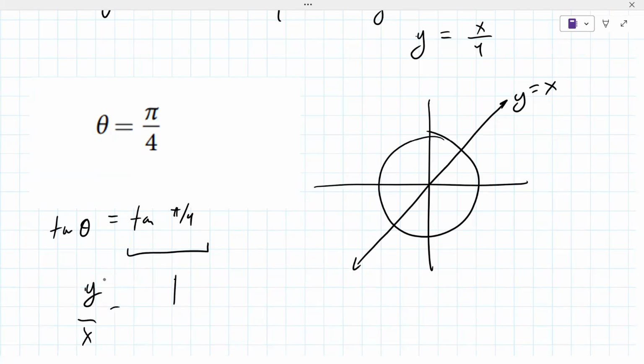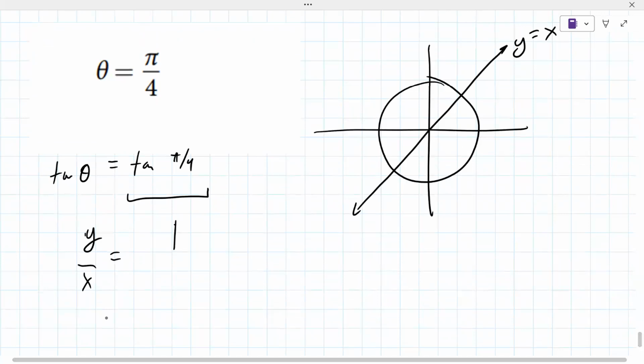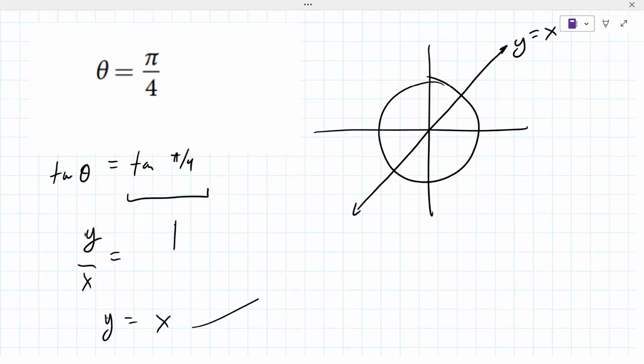Okay, so can you solve this for y? y equals x. It's the same as this, yeah.